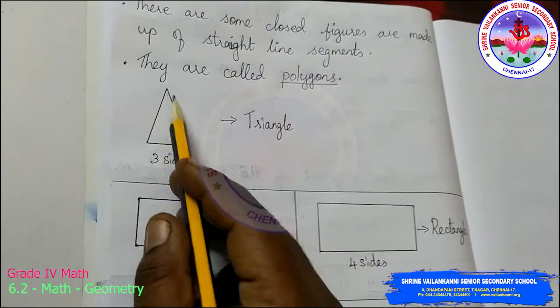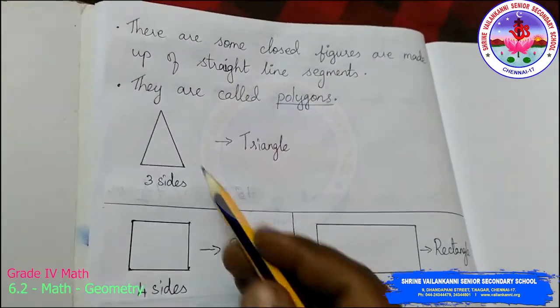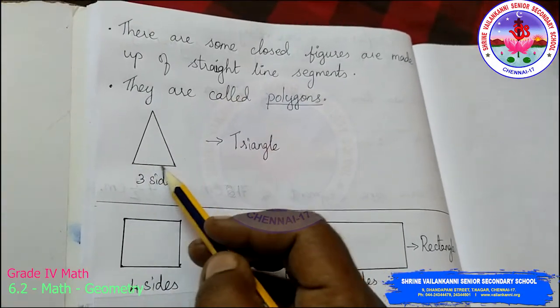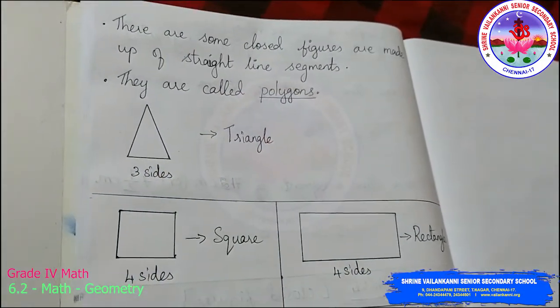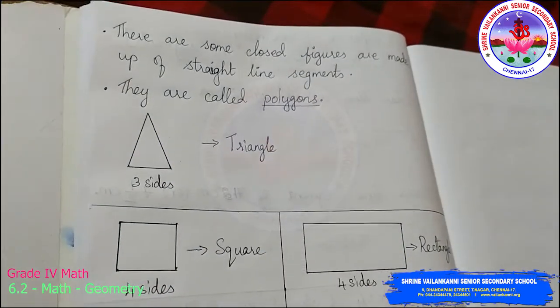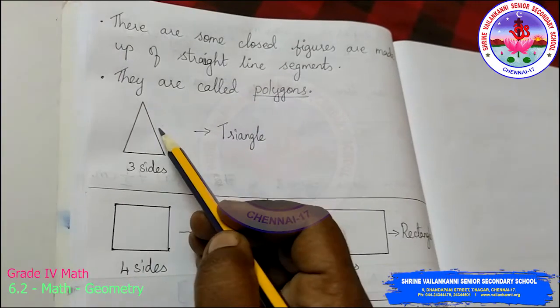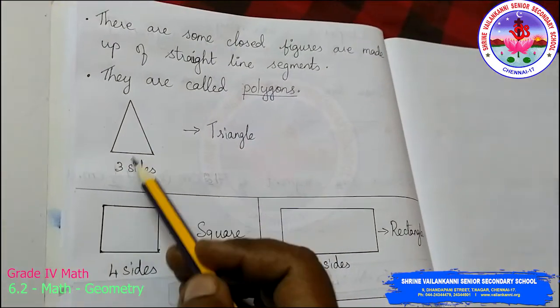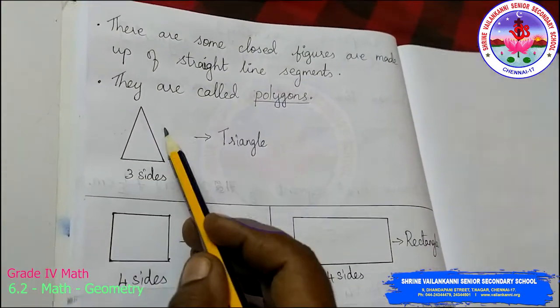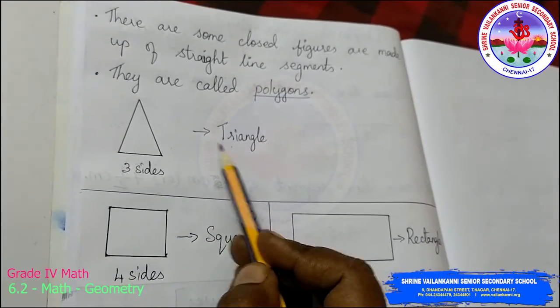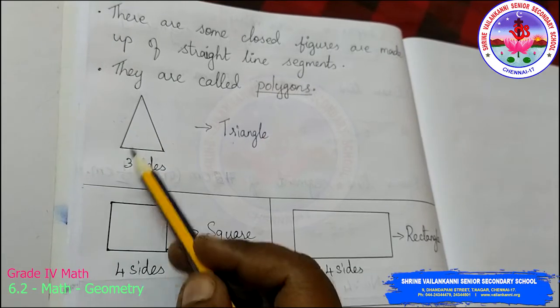In the first picture, all the sides are only line segments. Can you see how many sides are here? 1, 2 and 3. You have 3 sides. This 3-sided picture you will call a triangle, and all the sides are closed.